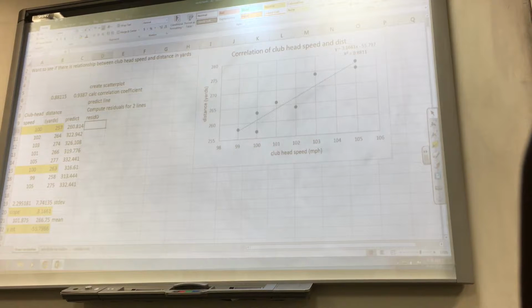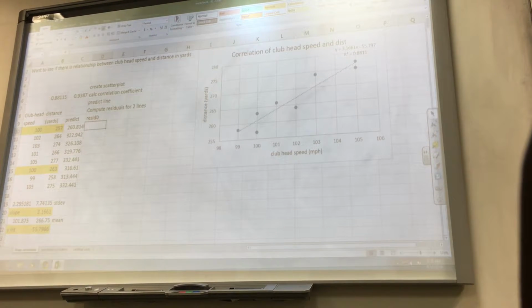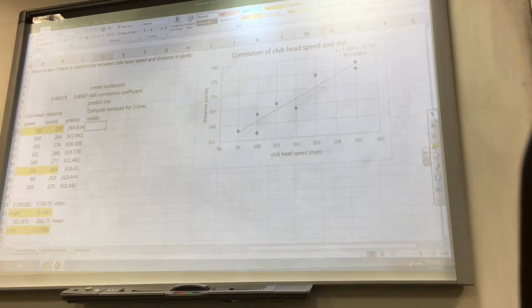So another way to write this equation would be your distance in yards equals 3.1661 times your miles per hour minus 55.7966. That's your equation. So this is your y. This is your x, right? According to my scatter plot. Does that make sense?